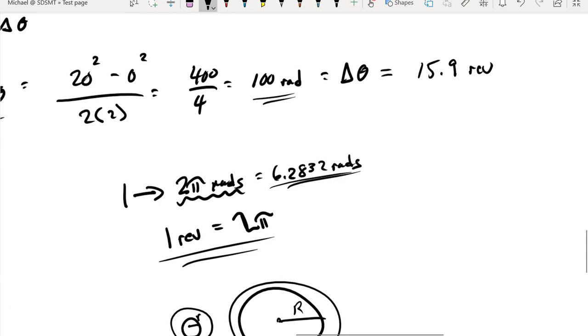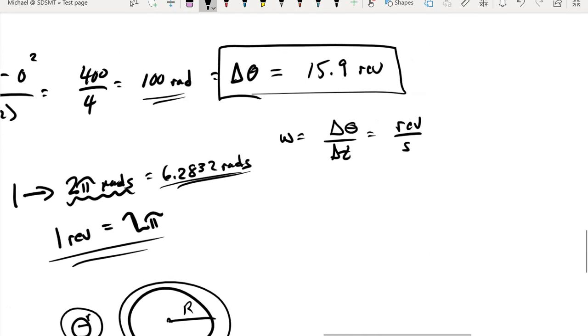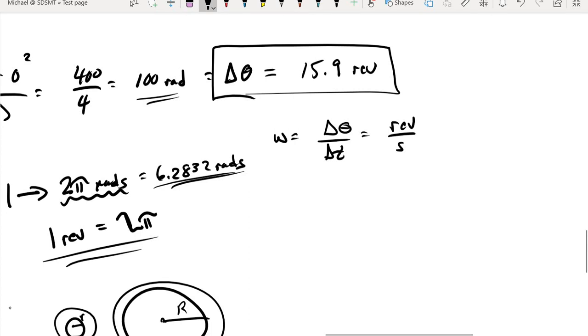And if we can relate the change in angular position using complete revolutions, there's really nothing to stop us from continuing with that idea and measuring things like angular velocity in revolutions per second, or, as you may more commonly see in the real world, revolutions per minute.